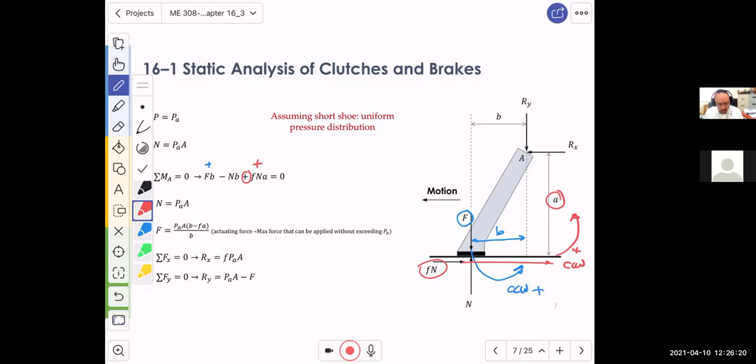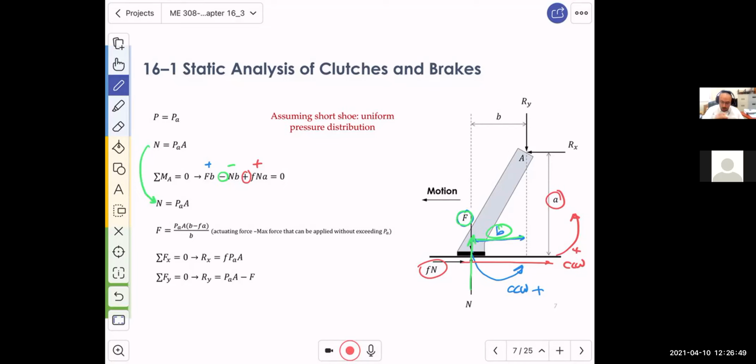What remains is the normal force. The normal force is the same as the actuating force, but it is acting upward, multiplied by B, but it is rotating clockwise. And that's why we have it minus NB as a clockwise moment. Remember, N is equal to PA, correct?